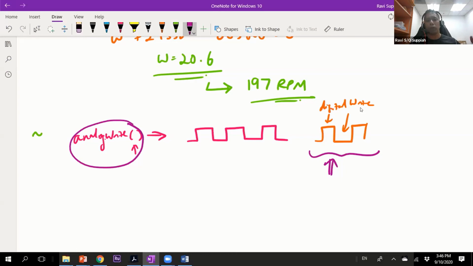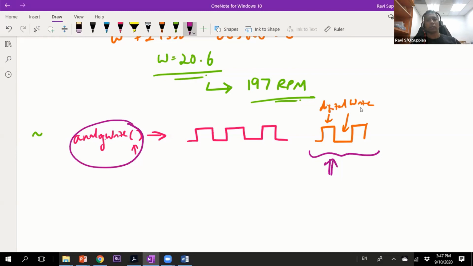So you are effectively stuck there just generating this PWM and not able to do anything else. So analogWrite is definitely a lot more elegant and better, because you write it once and you can do other things.